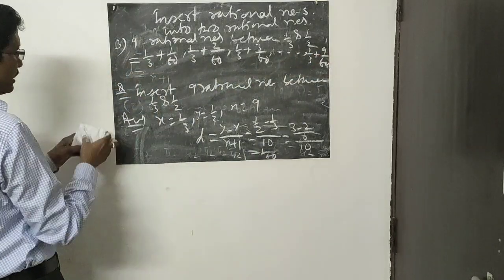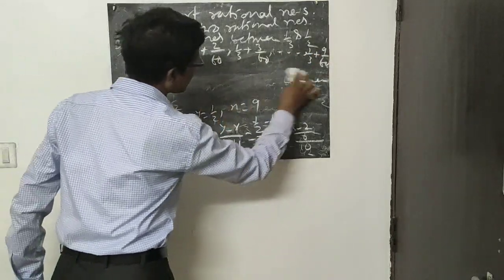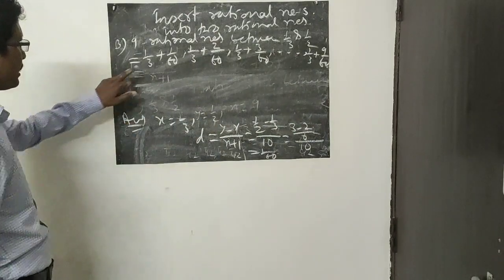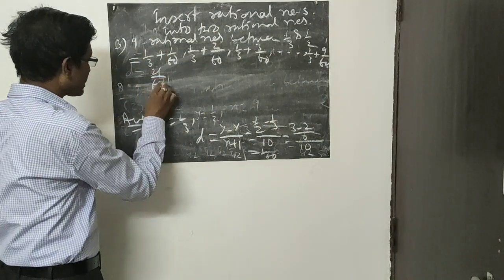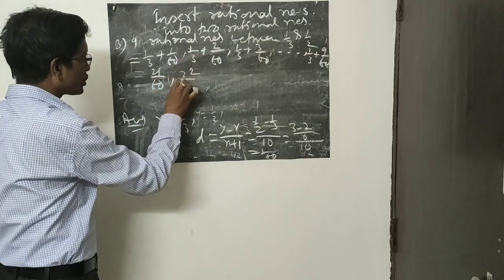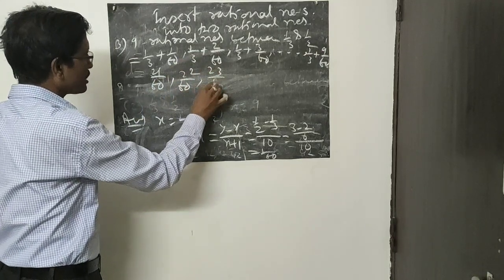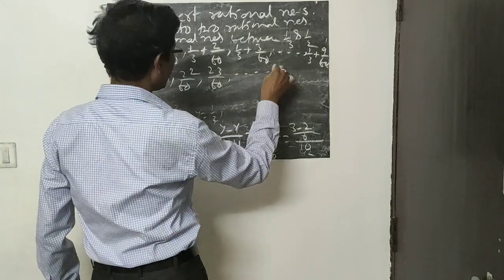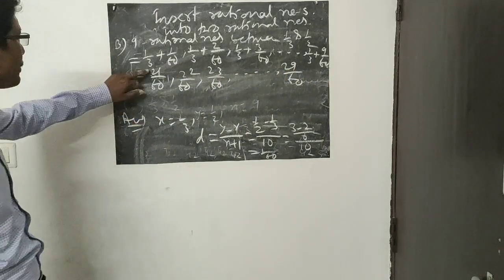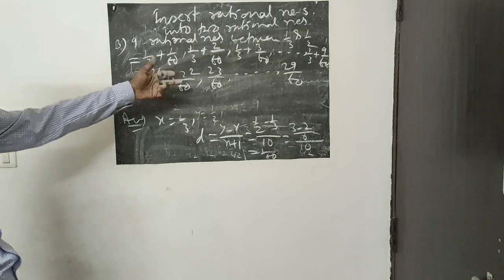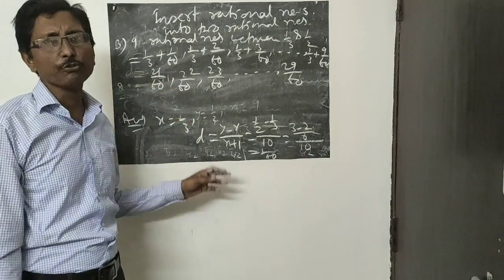If we do the simple calculation, 60 will be the LCM. 3 divided 20 plus 1, so 21 by 60. Again it will come 22 by 60, 23 by 60, so on, 29 by 60. Or in simplest form, it will be cancelled by 3, by 2, like that, simplest form you can express.